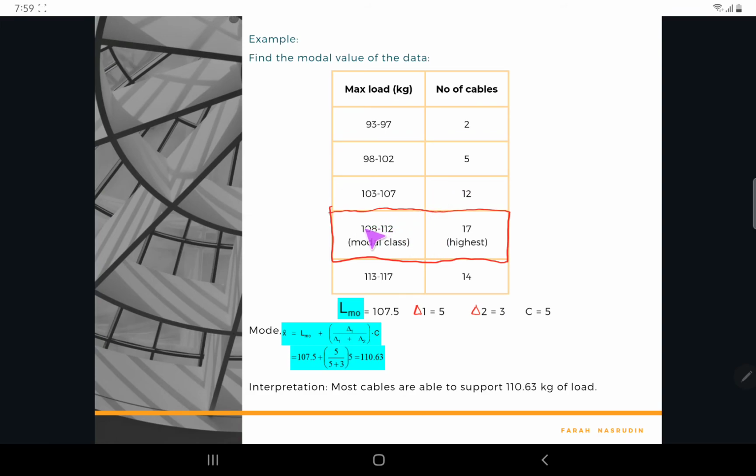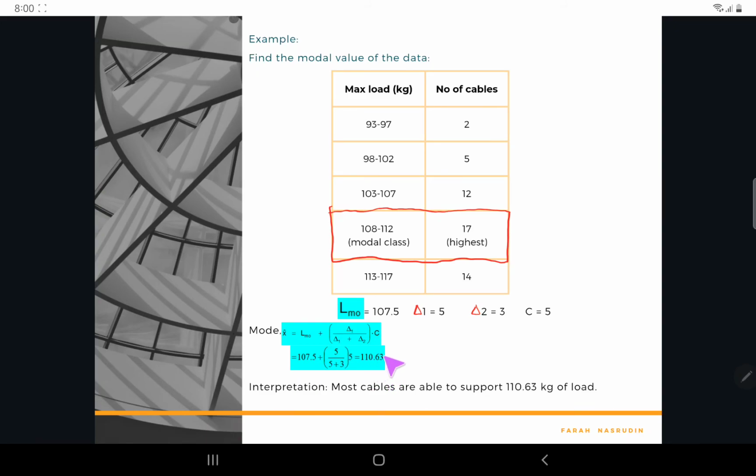Calculating from 108 until 112, we have 5 terms. So insert all of these values into the formula: 107.5 plus 5 divided by 5 plus 3, multiplied by 5. So our mode is 110.63.